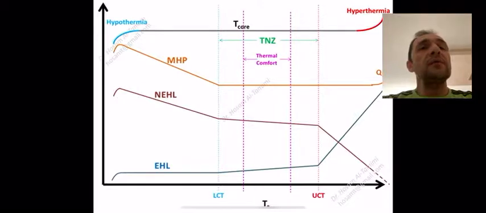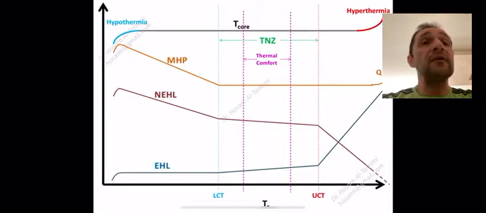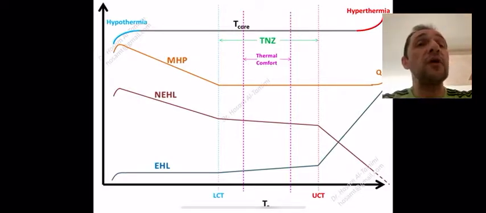Within the thermoneutral zone, we care a lot about this middle region, which keeps the animal a bit farther away from the upper and lower critical values, and we refer to this as the thermal comfort zone. Now, the animal has the best productivity within the thermal comfort zone because it will have the least energy and effort expenditure to thermoregulate.